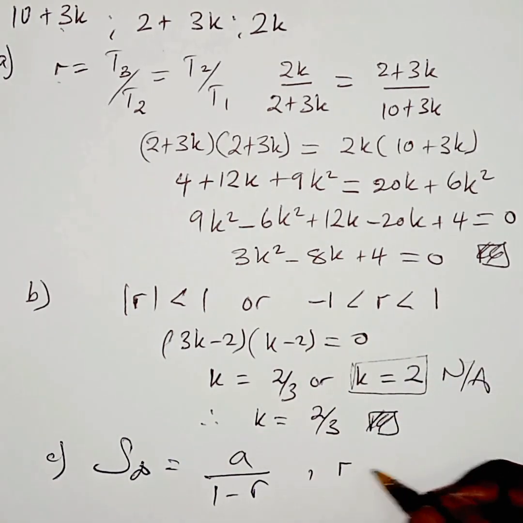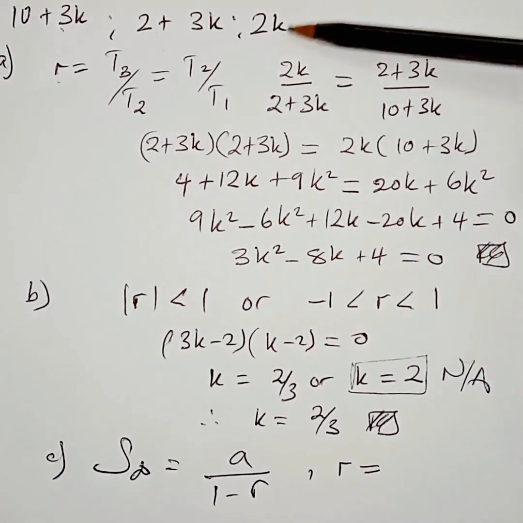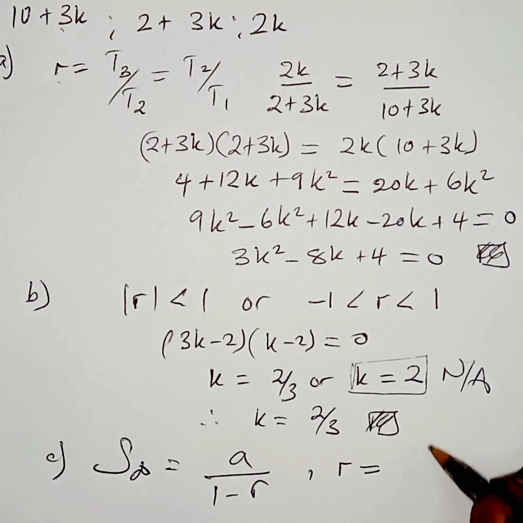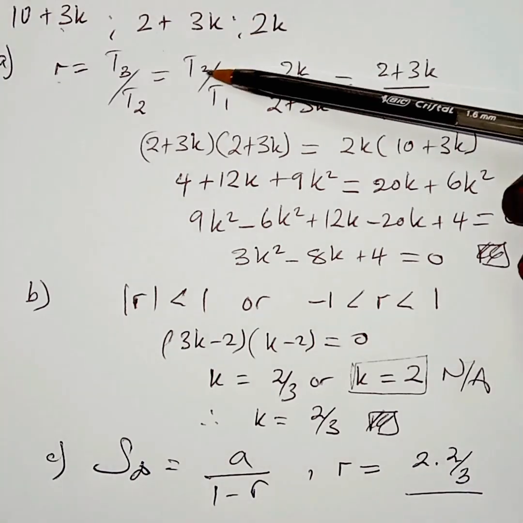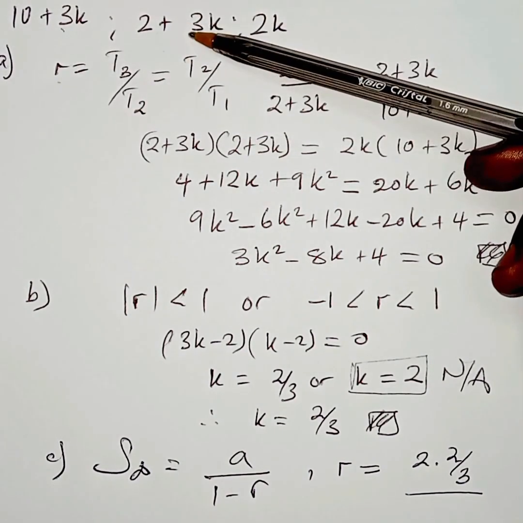We say now r is equal to, we put k into that. We are going to have 2 multiplied by 2 divided by 3. Remember we said T3 divided by T2.